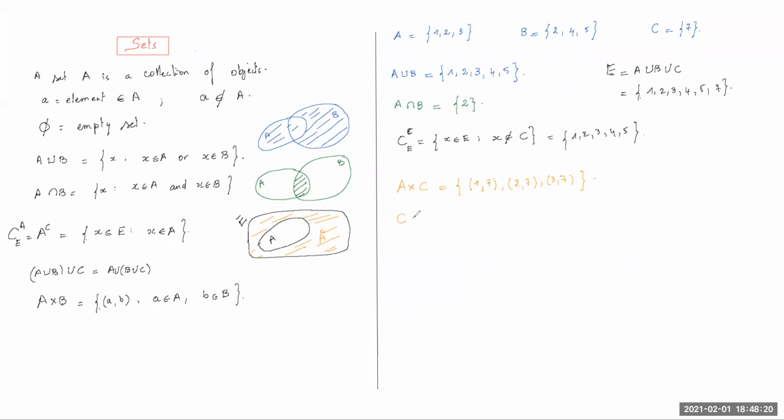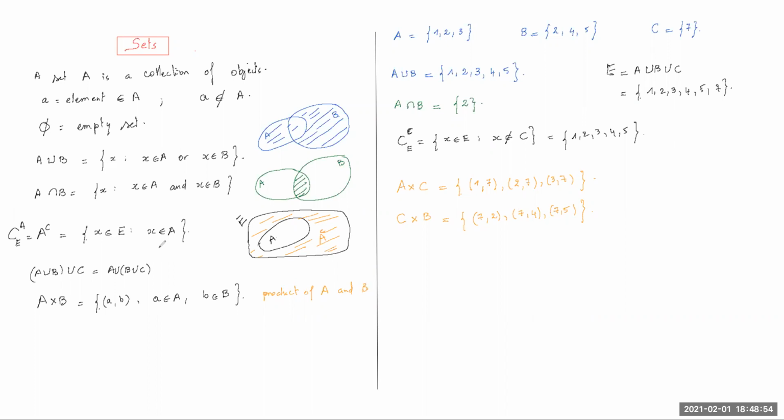Look, for example, C product B will be (7, 2), then (7, 4), and (7, 5). So this is how they are defined. We call it the product of A and B.